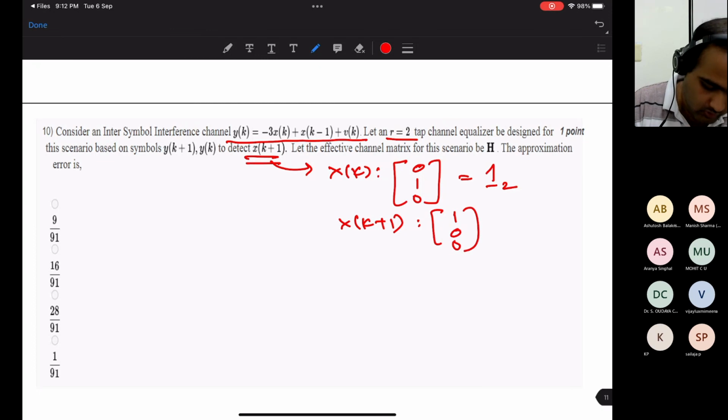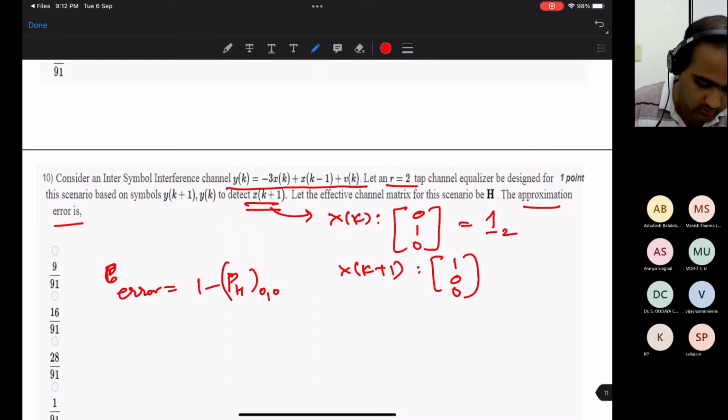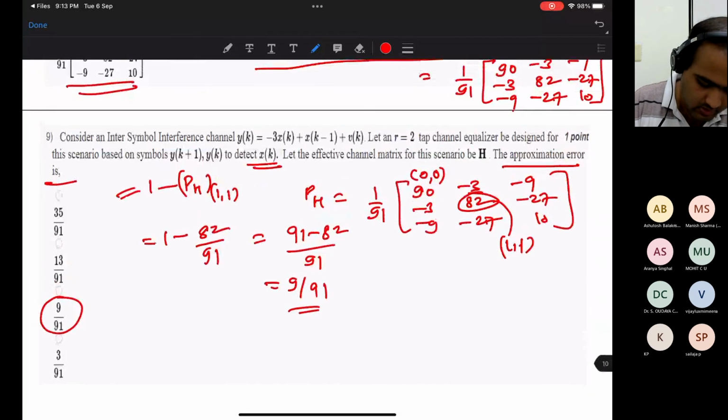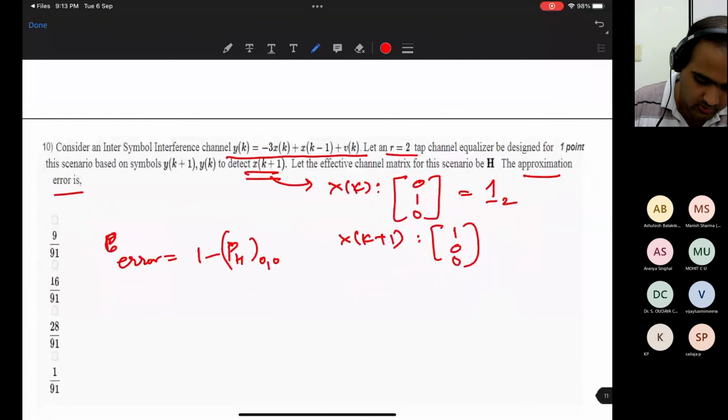And what will be the approximation error? Basically, what they have asked. In this case, our approximation error will be 1 minus the projection matrix element, and now we will be considering the 0 comma 0 position. In the previous question we considered the 1 comma 1 position, but since we want to detect xk plus 1, we are now considering the 0 comma 0 position.